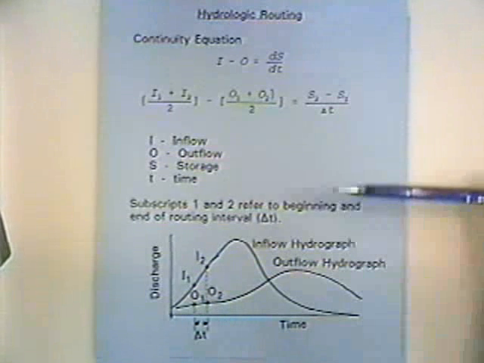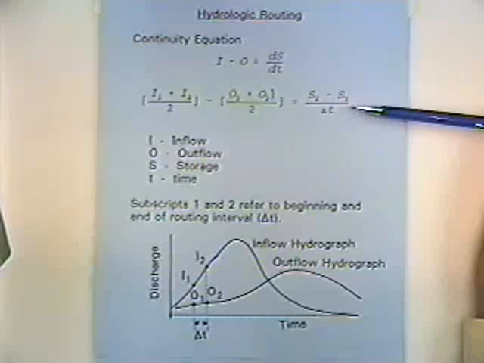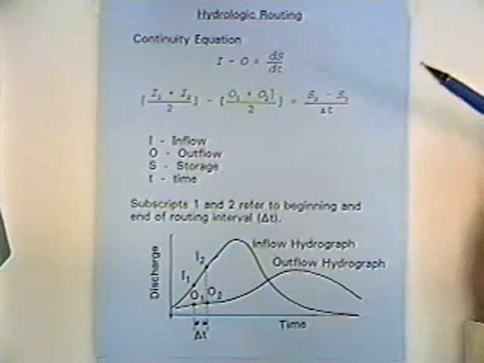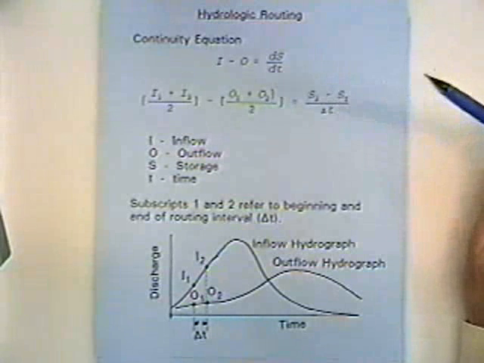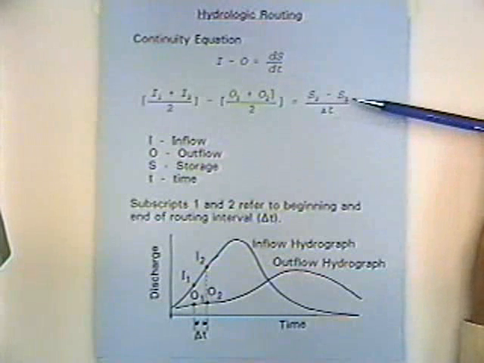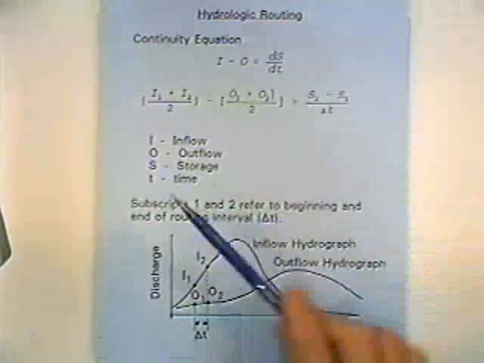Now, all of the hydrologic routing methods are based upon this continuity equation. There are some different methods. We'll look at two, one for reservoir routing, one for routing in a reach of a river, and the difference is based upon this thought. This is one equation, but there are going to be two unknowns. O2 is an unknown, S2 is an unknown.